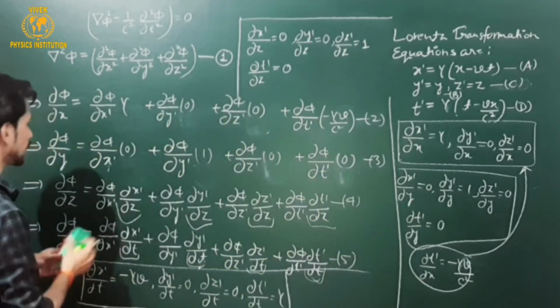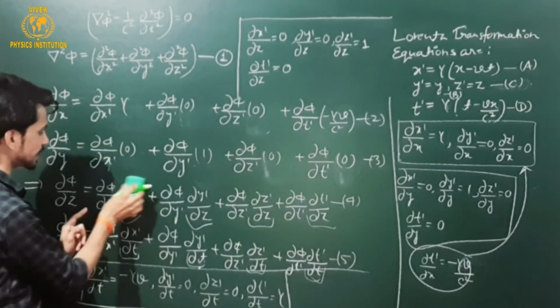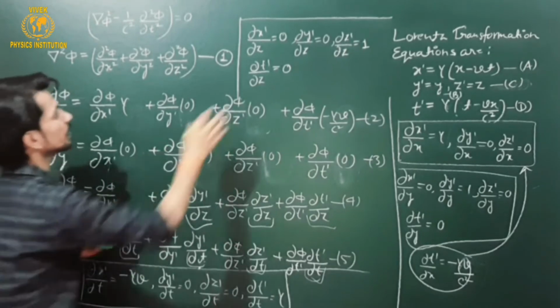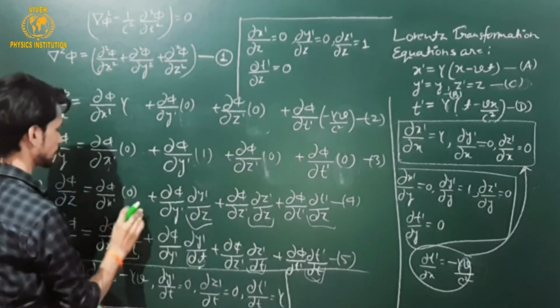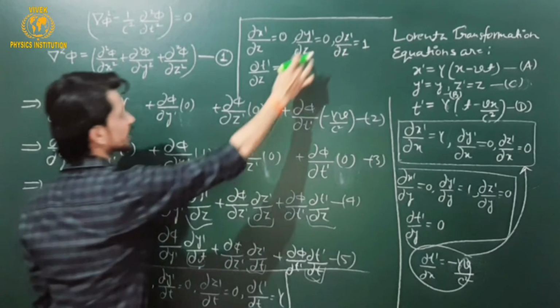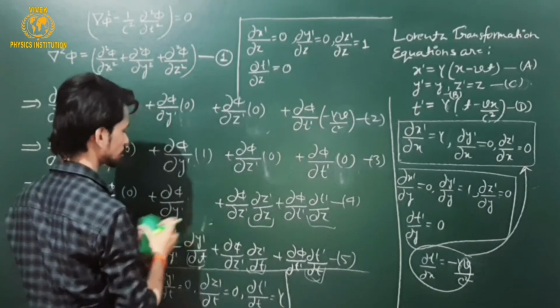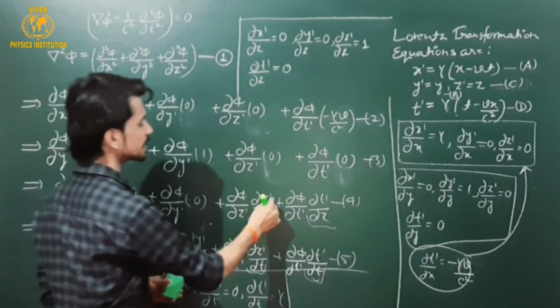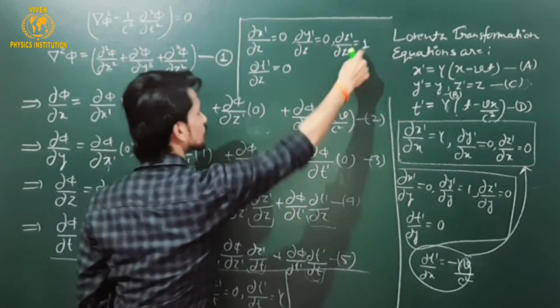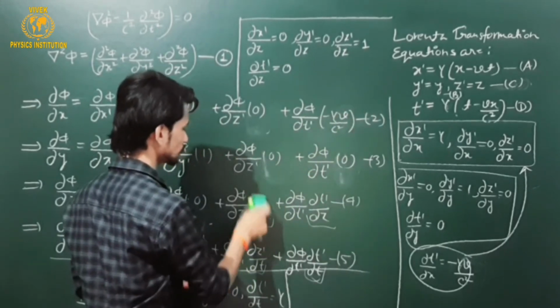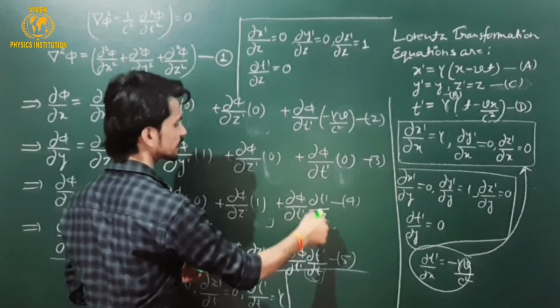Again from this is del x dash over del z. So its value is from here, this is 0. Del y dash over del z is again 0. And del z dash over del z is 1. And this value is again 0.